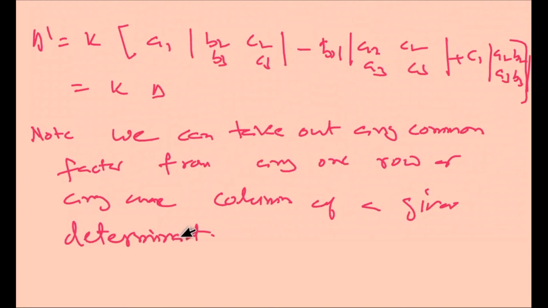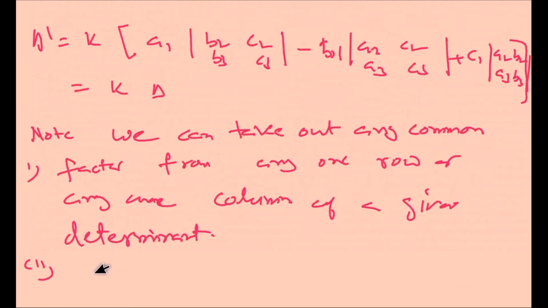Okay, students. And second point, if corresponding elements of any two rows or any two columns are in the same ratio, then the value is 0.